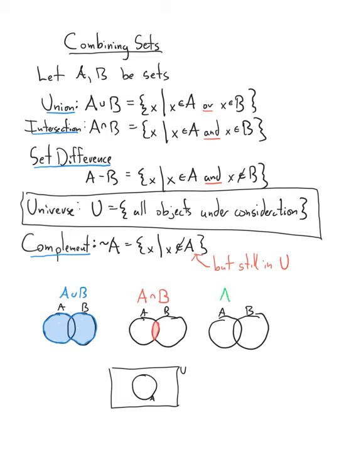Okay, so hopefully you guys can see, well, we need to be in A, so it's going to be somewhere in this circle because we need to be in A. It says x is in A, but it can't be in B. So we need everything in A that isn't in B. So we're going to include all of A except the overlap bit.